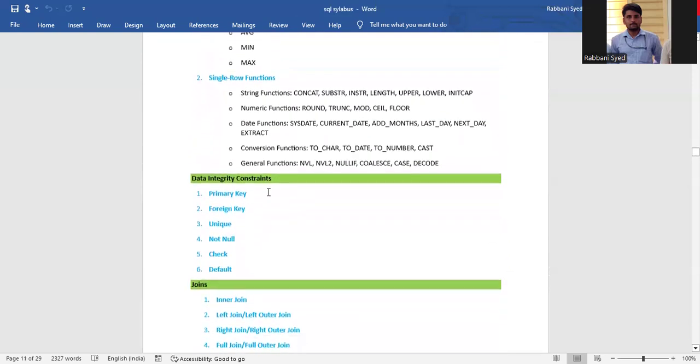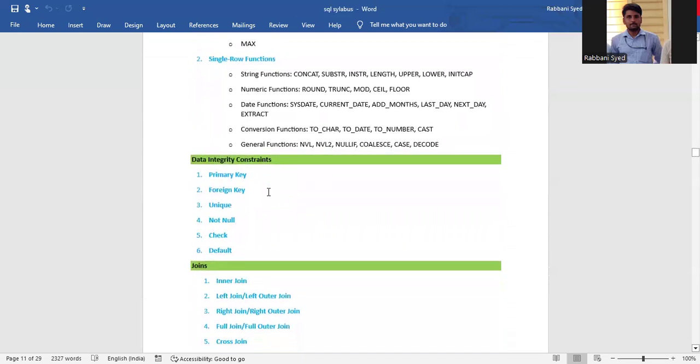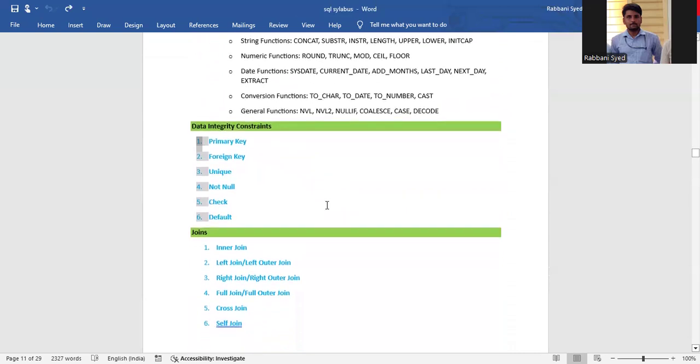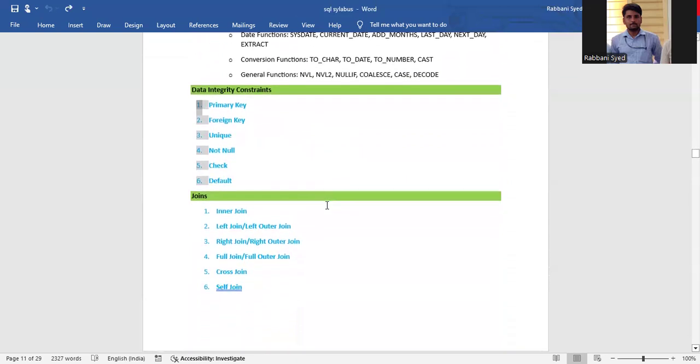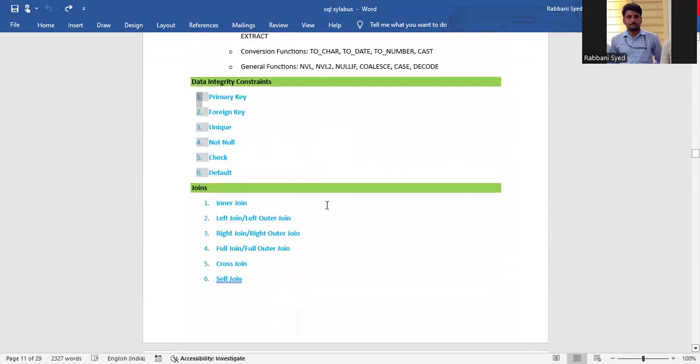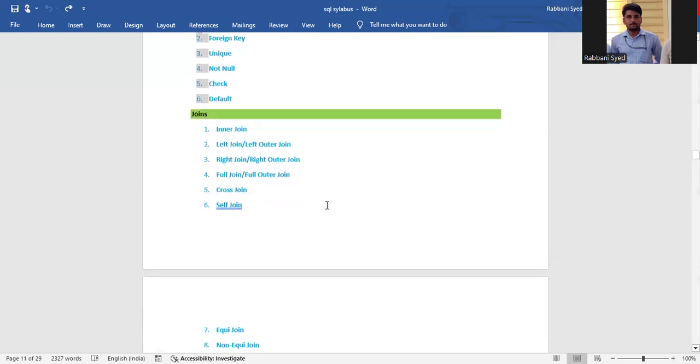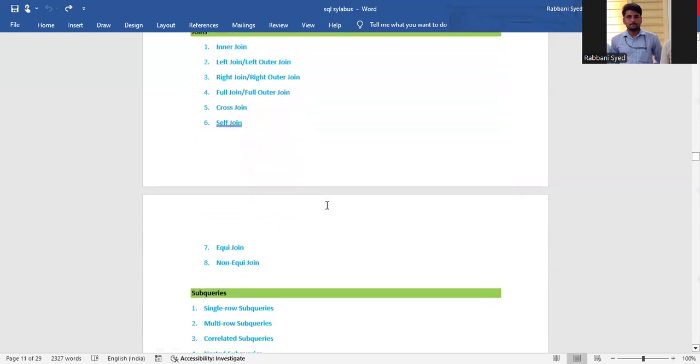Data integrity constraints: primary key, foreign key. It is very important whenever you create a table. Then joins: inner join, left outer join, right outer join, full join, self join, cross join, equi join, non-equi join.